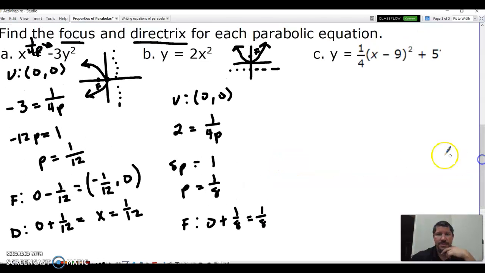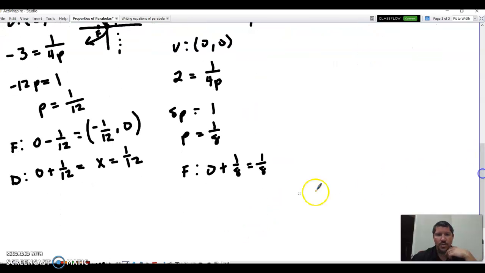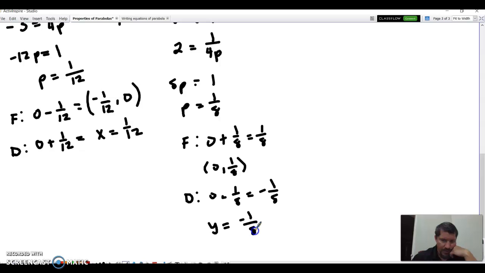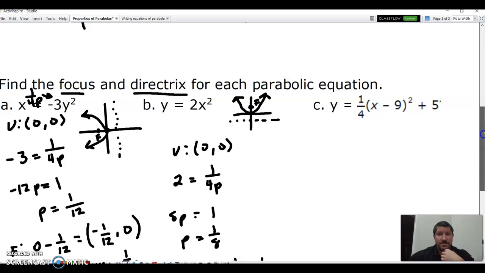Remember, this is going to be on the y-axis, so the coordinate is 0, 1/8. My directrix, which is now a horizontal line, is going to be y equals 0 minus 1/8, which is negative 1/8, or y equals negative 1/8. You guys will have to slow down at this point.